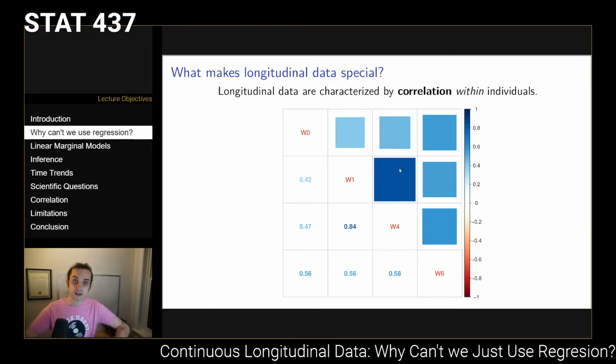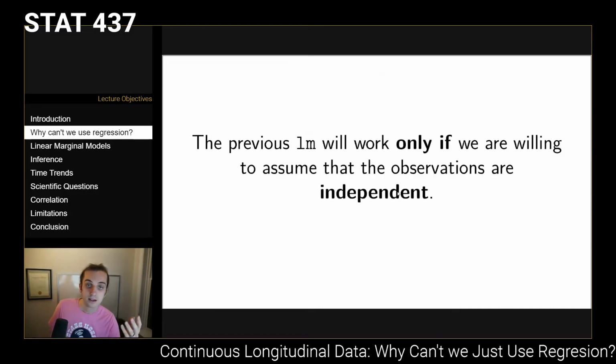And so when you expand this out into wide or into long format, you're running into this issue where different rows aren't actually going to be independent if they fall within the same individual. So the linear model that we were just looking at is only going to work if we're willing to assume that the observations are independent.